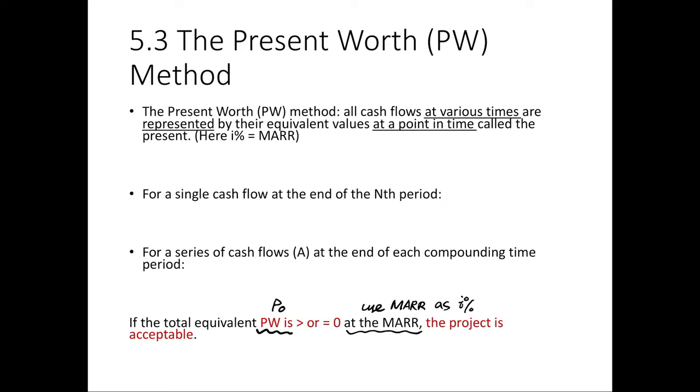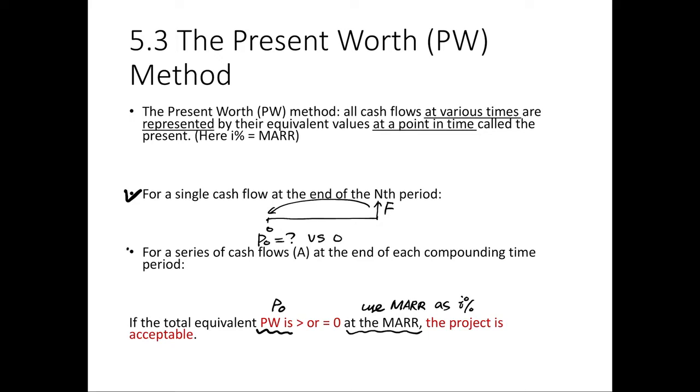Usually you're going to have a single cash flow at the end of the nth period. That's the first case, okay? It is easy. You just need to convert this future cash flow back to the present time, see what P0 is, and compare that with 0.